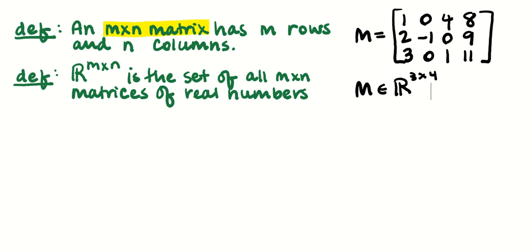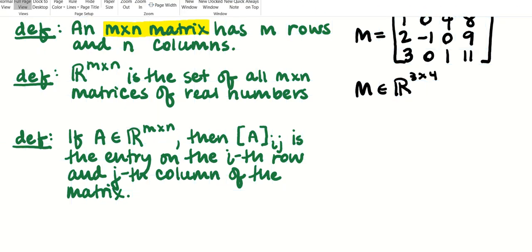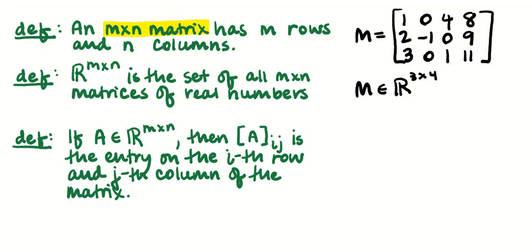Now next, we're going to need a way to talk about a particular entry within our matrix. And so the ijth entry of A is the entry on the ith row and jth column of the matrix.